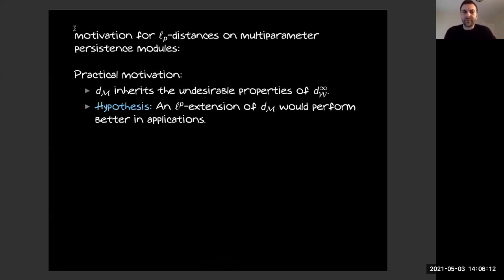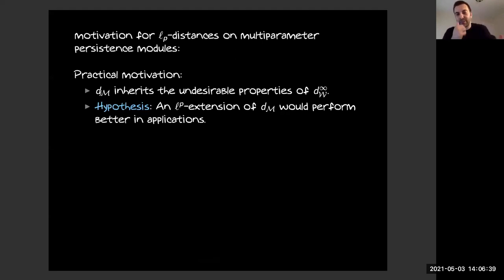But now with this background out of the way, let's talk about motivation for LP distances on multi-parameter persistence modules. This project started with some pretty concrete practical motivation. Although I think the prospects for using the matching distance more in applications are good, the fact is that the matching distance inherits some of the undesirable properties of the bottleneck distance that we talked about, right?